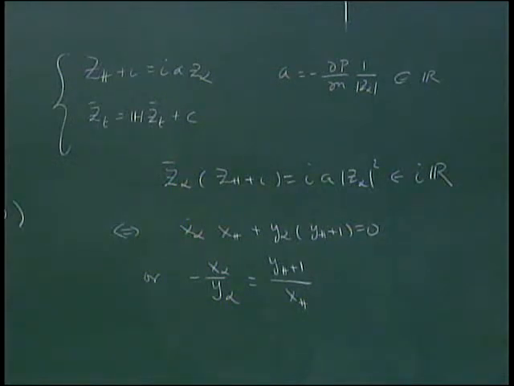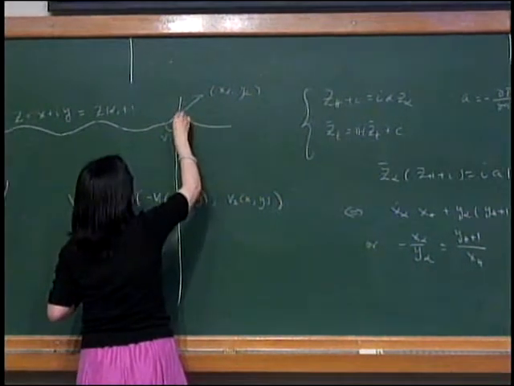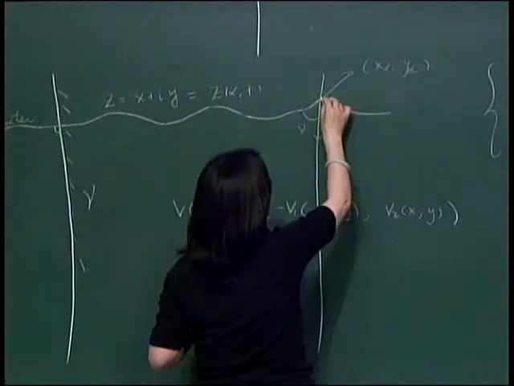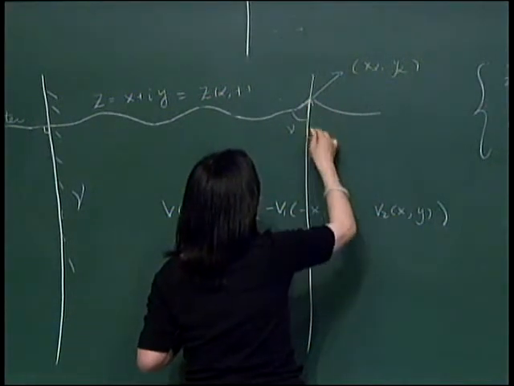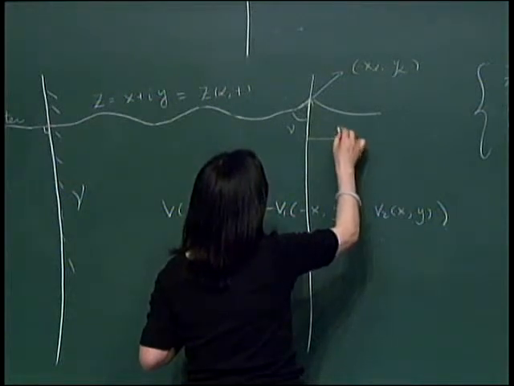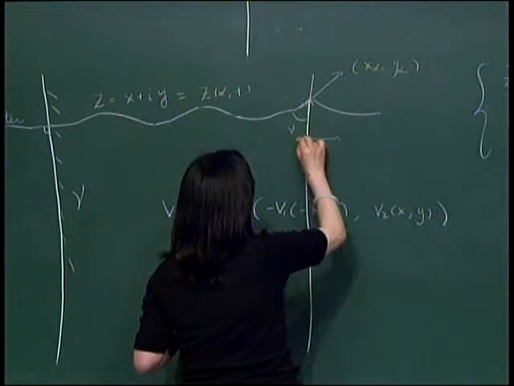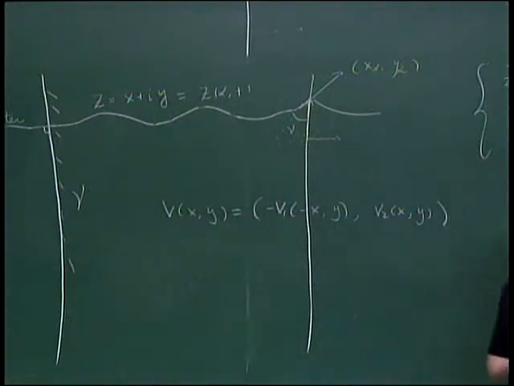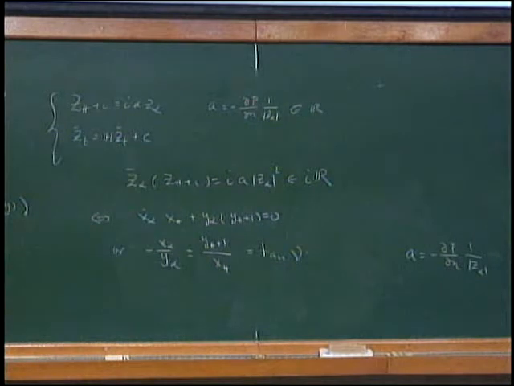This is the X alpha, Y alpha direction, so this is the tangential vector field, with Y positive pointing out and X like this. If I want to calculate this angle, it is exactly minus X alpha divided by Y alpha, which would be the tangent of mu.